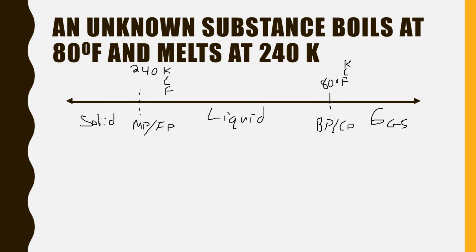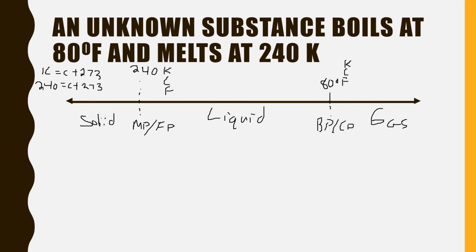Well, 240 K, and I know that K equals C plus 273. So if I'm at 240 K, the melting point is going to be just 240 minus 273.